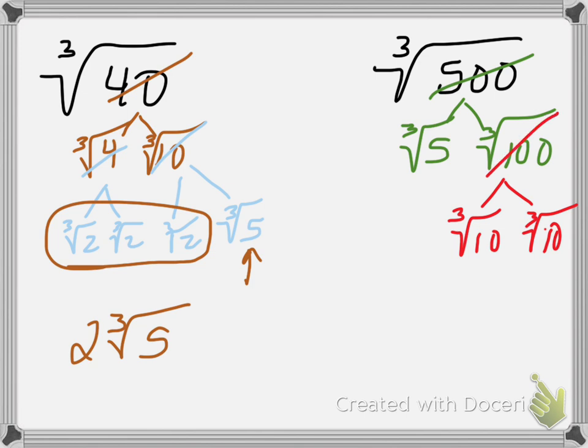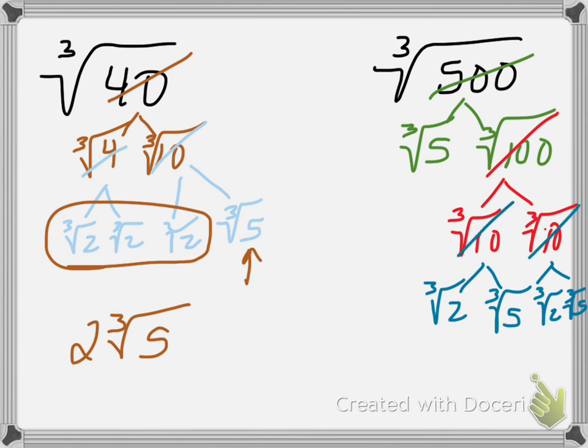That makes 100. 100 is now gone. Now the 10 breaks down into a cube root of 2 times a cube root of 5 on both of them. I'm running out of space here, guys. Sorry about that. Cube root of 2, cube root of 5. Well, now I've got all kinds of numbers written down here. These 2 10s are gone.